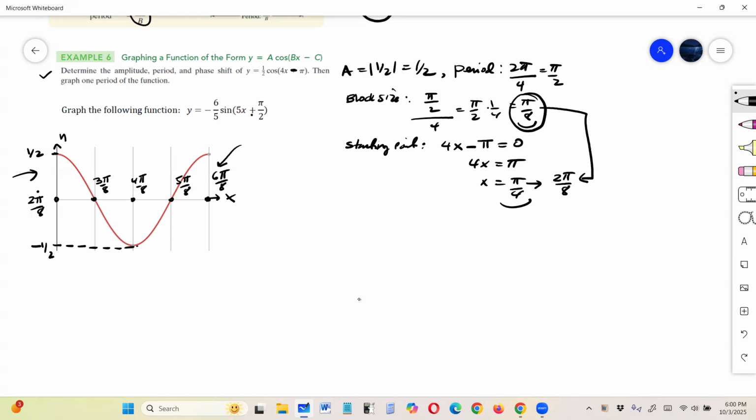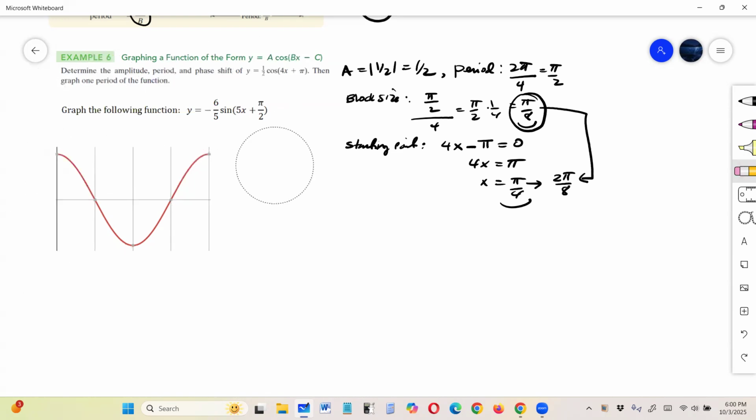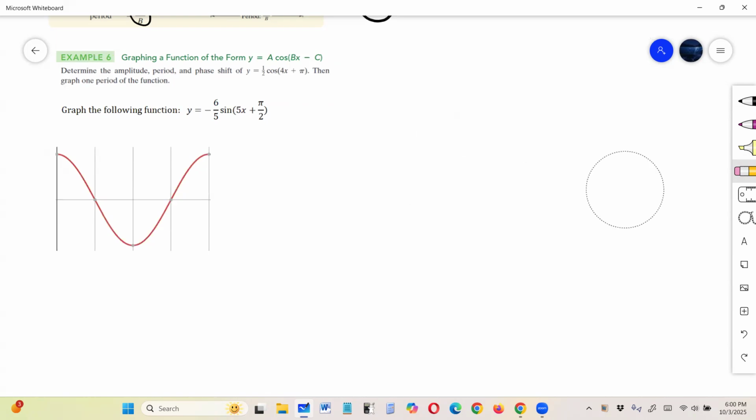All right, so this is it. This is the cosine. And notice when the coefficient is positive, this is the regular sine. And in the next case, we're going to see a negative coefficient. So the cosine is going to be reflected. So here is my amplitude. Notice that the amplitude is always the absolute value.